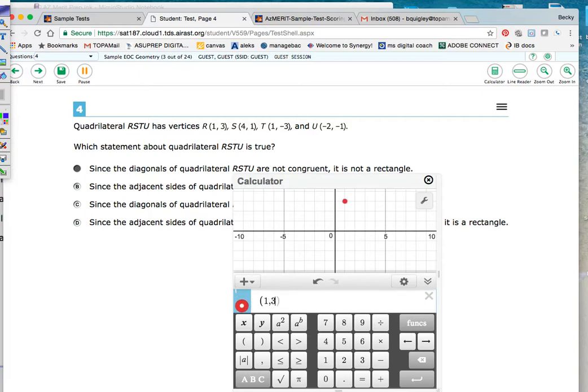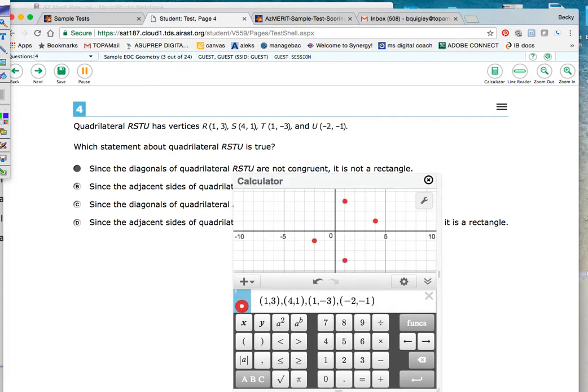So we have 1, 3. We have 4, 1. Notice again, I separate my ordered pairs by a comma. 1, -3. And -2, -1.